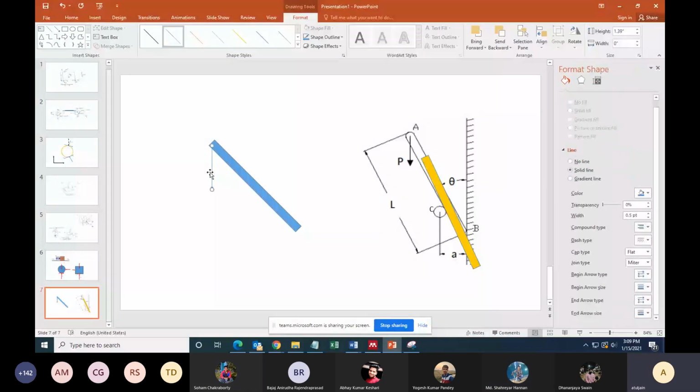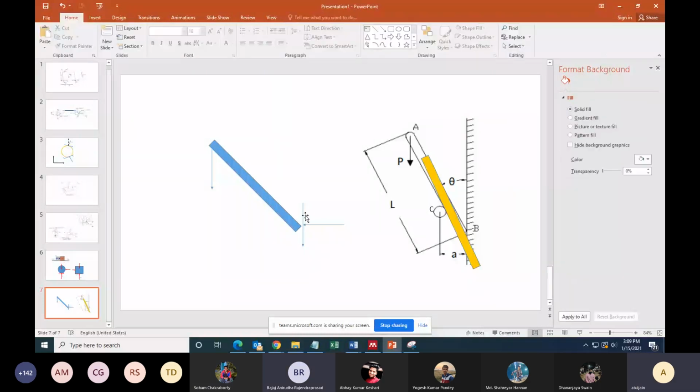Friction at C will be along B, needless to say, this is going to be X. And normal at C will be perpendicular to that rod.